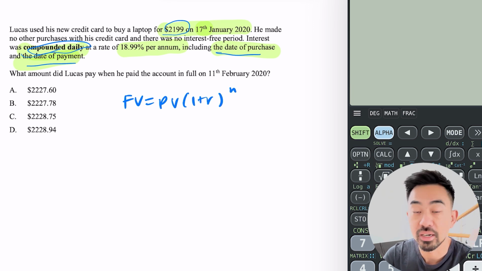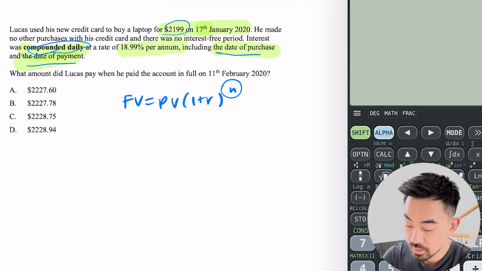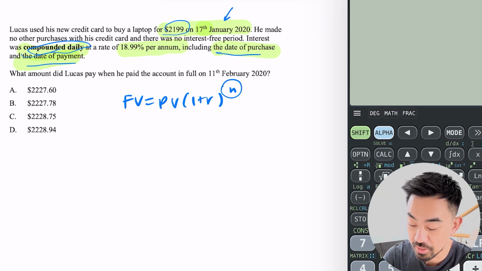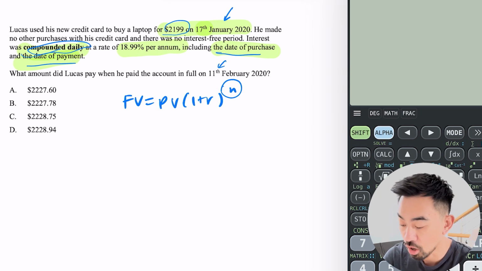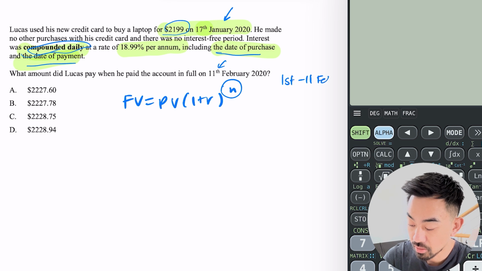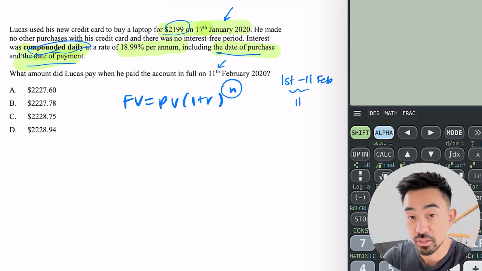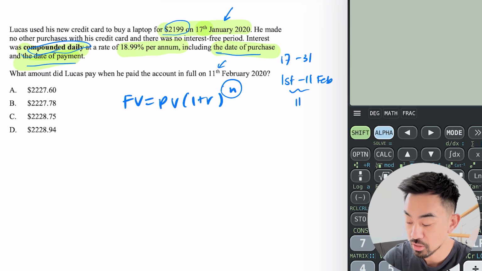Now, what we really need to figure out, like what the most important thing is, in my opinion, when it comes to these credit card questions, is your number of days. Now, you're going from the 17th of Jan till the 11th of Feb. So obviously from the 1st to the 11th of Feb, there are 11 days. Okay, that's easy. 17th of Jan to the 31st, because it's 31 days in January. So 17 to the 31st.